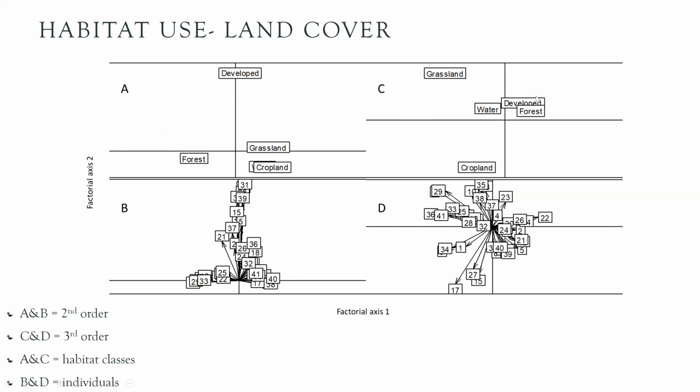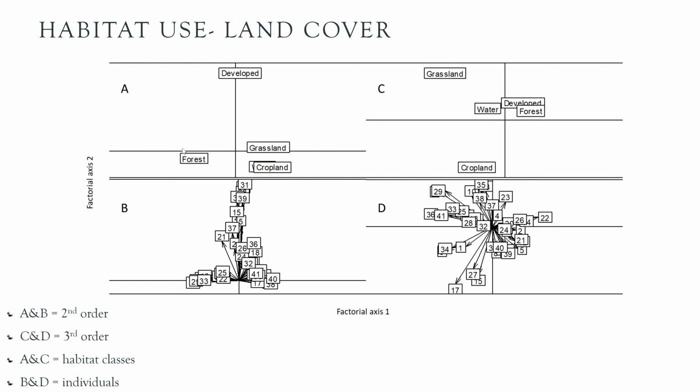On the top, A and C, we see our habitat classes, and on the bottom, B and D, we see the individual striped skunks that had significant selection for this set of habitat classes. A larger vector coming from the origin indicates stronger selection, and the direction of the vector indicates which habitat class that individual is selecting for.